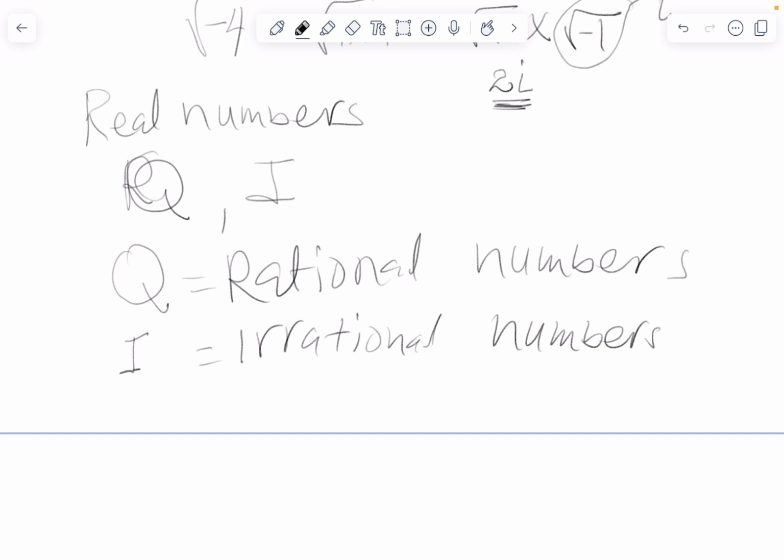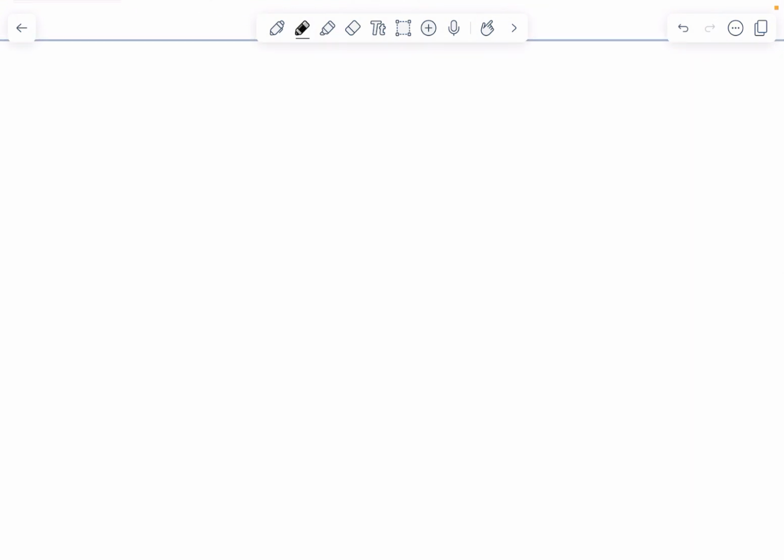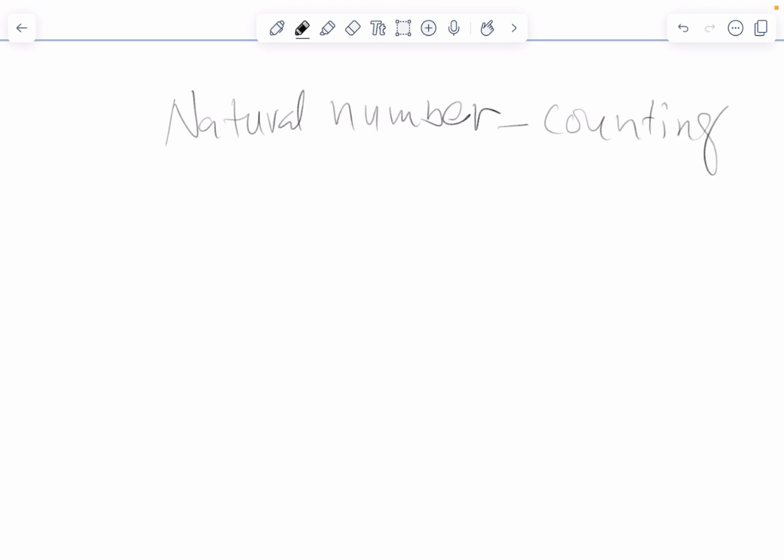Before we talk about them, let's talk about natural numbers. A natural number is a counting number, like 1, 2, 3, 4, and keep going.